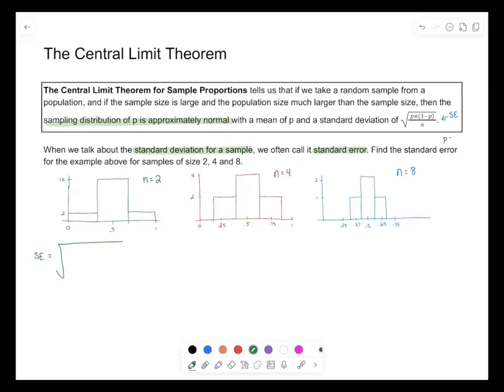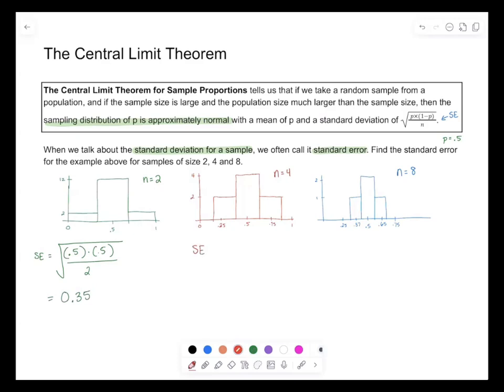So P in this case was 0.5. That means that 1 minus P is also 0.5. So here we get 0.5 times 0.5, but on the bottom of that, we divide by the size of the sample, which in this case is 2. Now, when we put this into a calculator, we get 0.35.